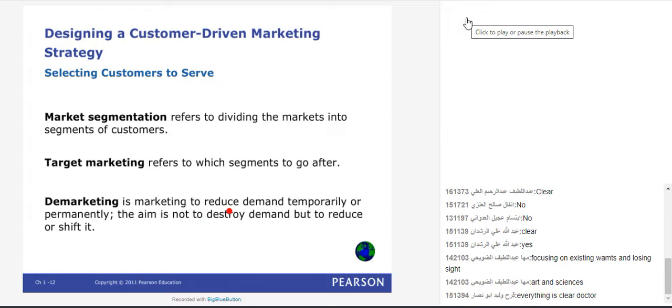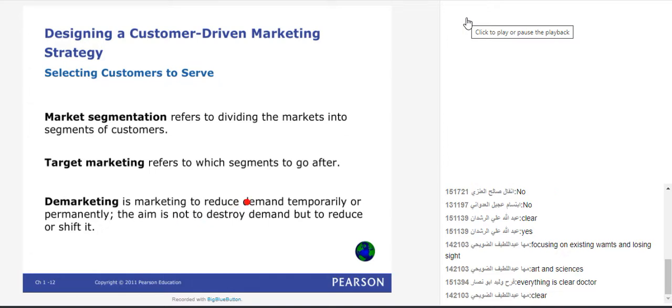Very good. Okay. How do we select the customers we serve? By making market segmentation, something we call تجزئة السوق, dividing markets into segments. For example, Johnson & Johnson divides markets into babies and adults.